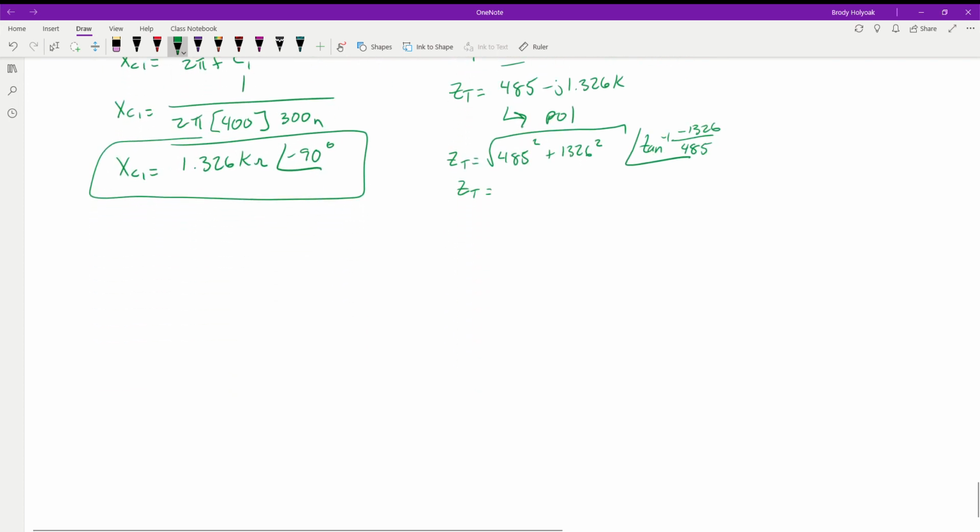The final value we run into is 1.412K at an angle of negative 69.909 degrees.